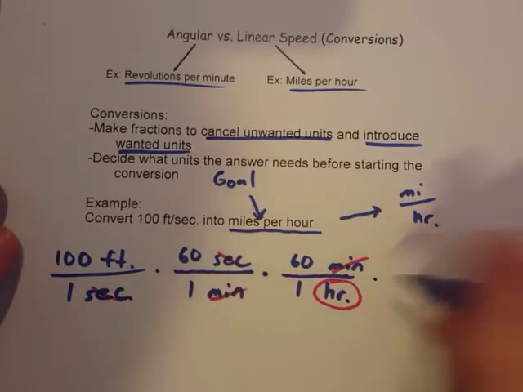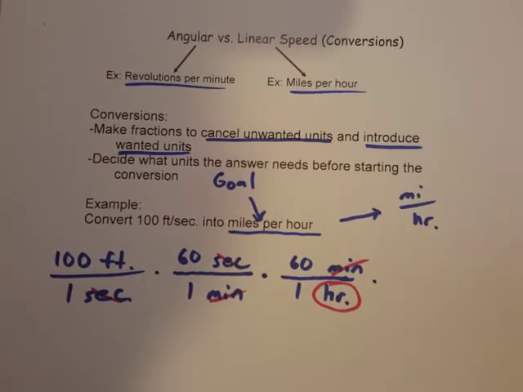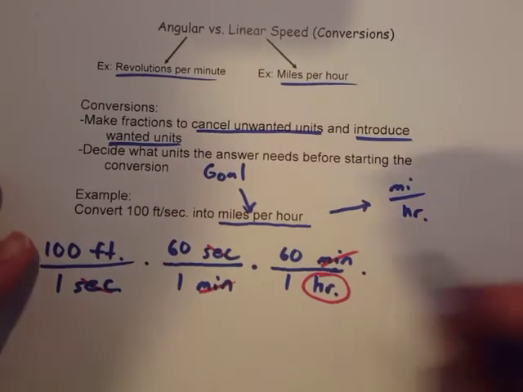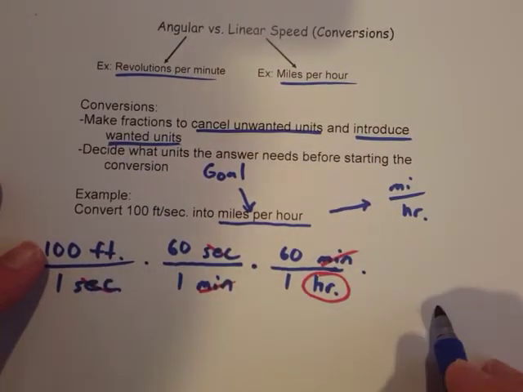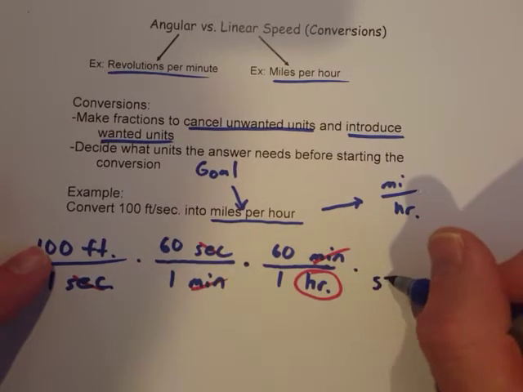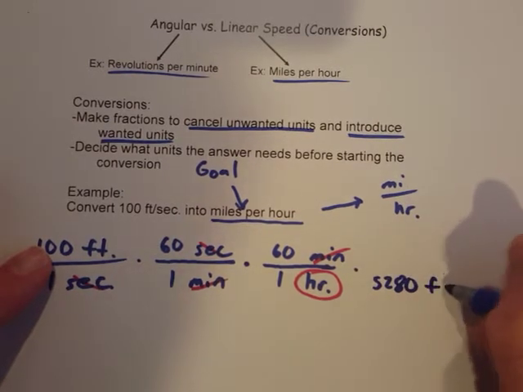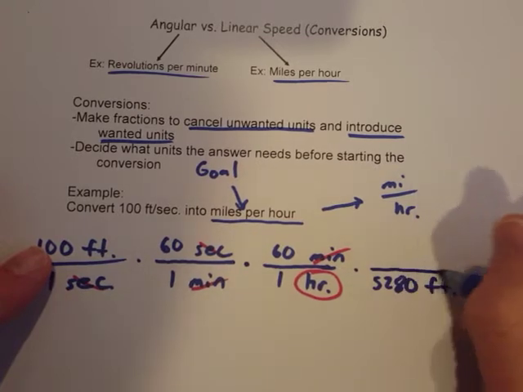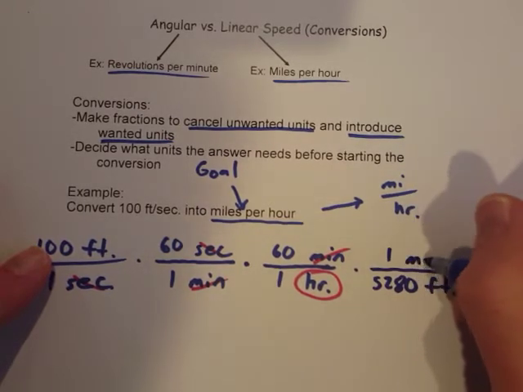Now, I happen to know that there are 5,280 feet in 1 mile. So I'm going to put that here, keeping in mind that feet need to go on the bottom in order to be able to cancel that. So that's 5,280 feet is the same thing as 1 mile.